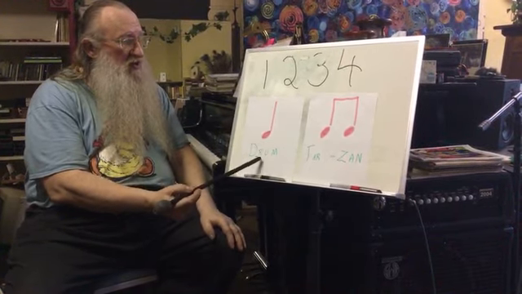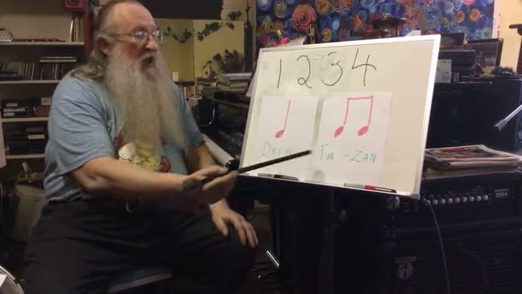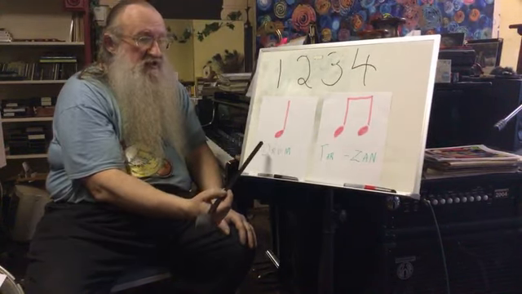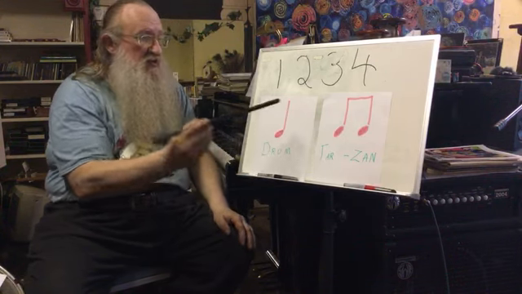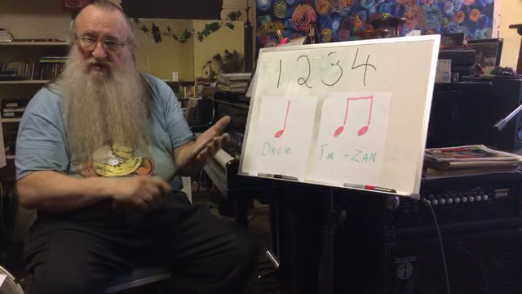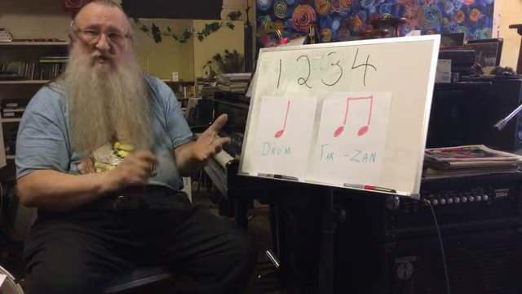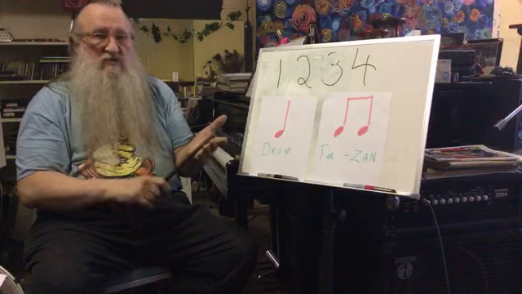The first code word for the quarter note was drum. And the second word that we're using for splitting the quarter note into two equal halves is Tarzan. So if these are each done with the same tempo or the same beat, drum, drum, Tarzan, Tarzan, Tarzan, drum, Tarzan, drum.